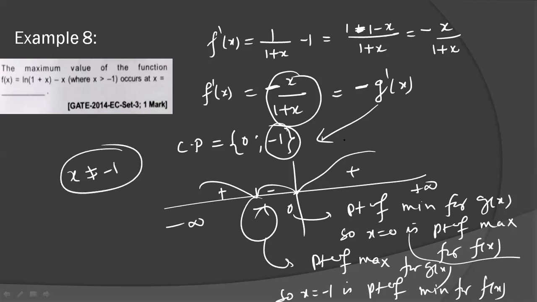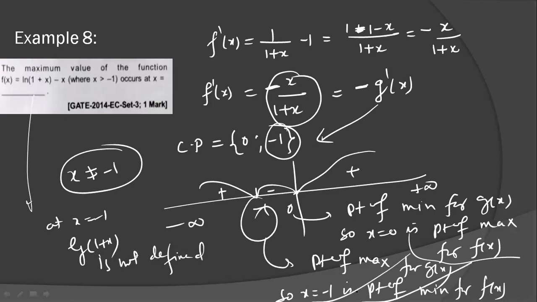So minus 1 is not a critical point here because it is not included in the domain. If it is included in the domain, we have to check at minus 1 also. Why? Because at x equal to minus 1, log of 1 plus x is not defined. That's why he is not picking x equal to minus 1. So no need to write for x equal to minus 1, but we have checked because we did not see the function properly here. And it is given in the question also.